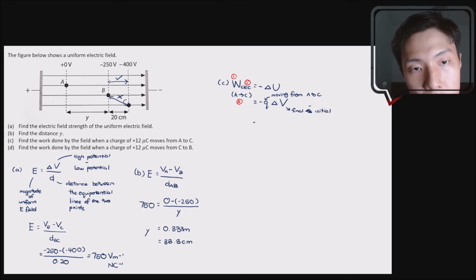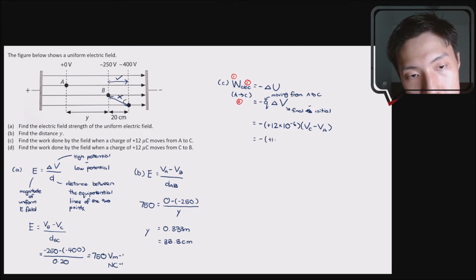Okay, so let's go. So negative, then the charge is a positive 12 microcoulomb charge. Then if you are finding a potential difference, final minus initial, final is point C, initial is point A. So if you continue with your substitution, plus 12 times 10 to the power of negative 6, VC is negative 400, VA is 0.